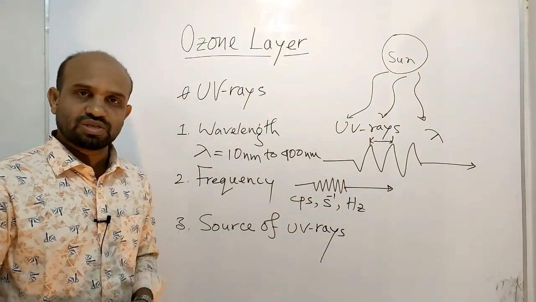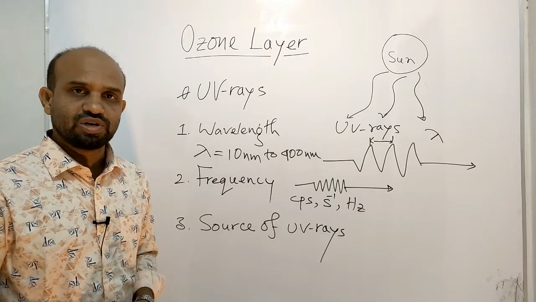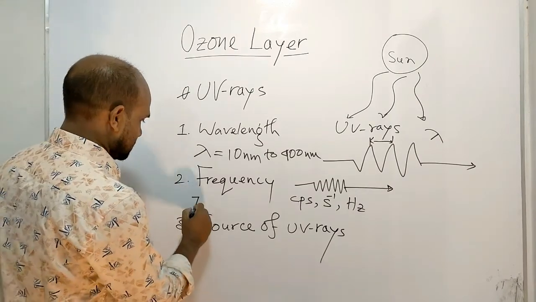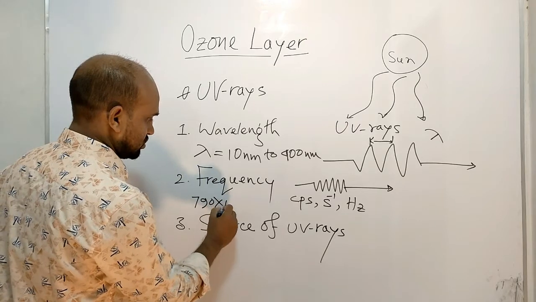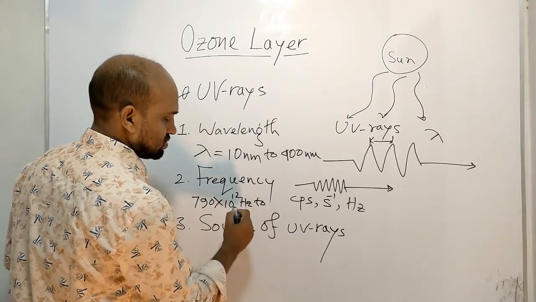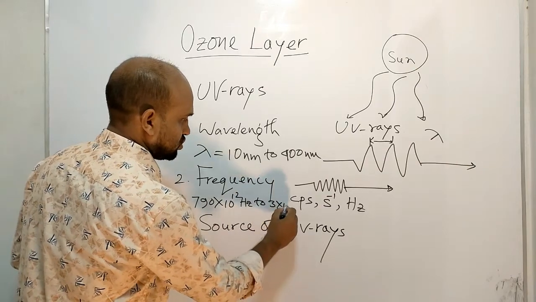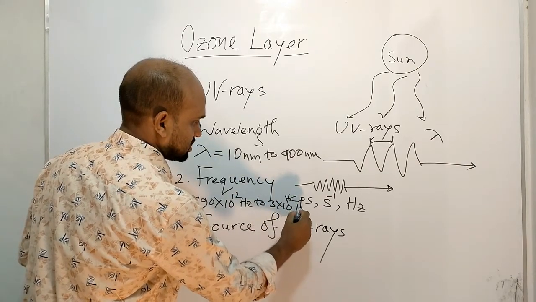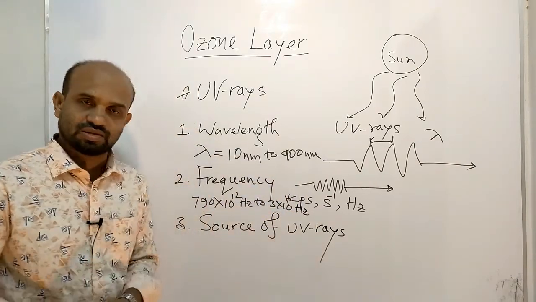And frequency of UV rays is 790 into 10 to the power 12 hertz to 3 into 10 to the power 16 hertz.